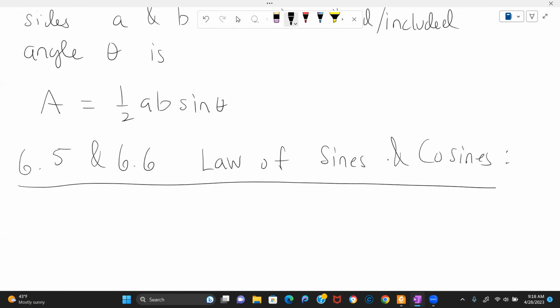There usually is, about finding the law of sines or cosines. And in the bonus assignment I posted, there's some problems on the law of sines and cosines. So if you're going to do any problems in the bonus, definitely do those problems on the law of sines and cosines. Those will help with the final. So yeah, just want to point that out.